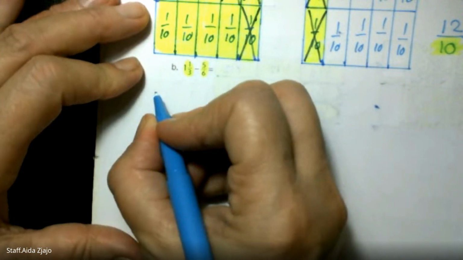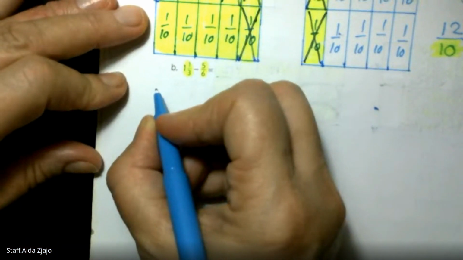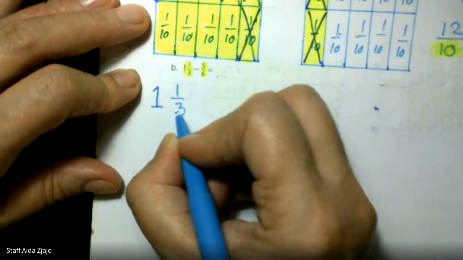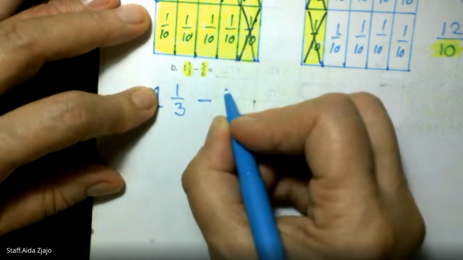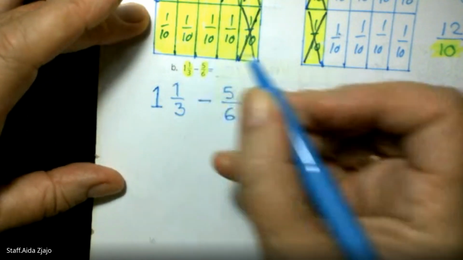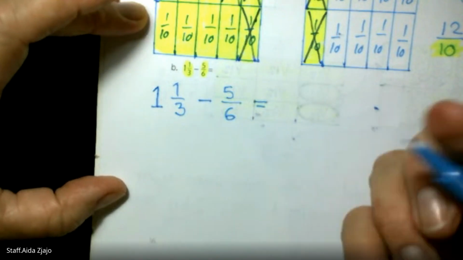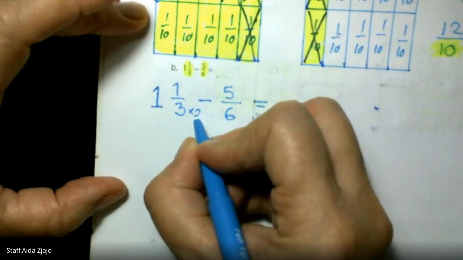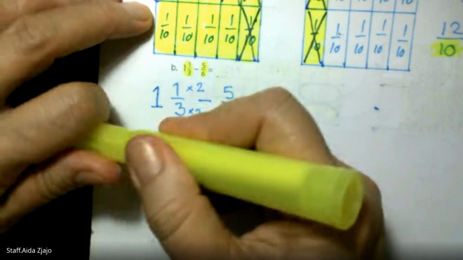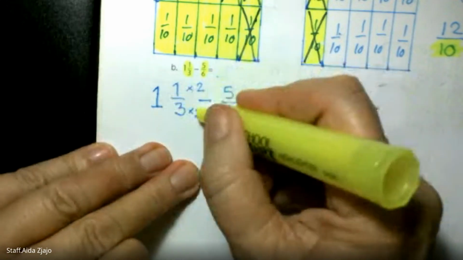So I will have 1 whole and 1/3, give away 5/6. Now, when I skip count by 2, 3 times 2 is 6. And I need to do that with my numerator and denominator.